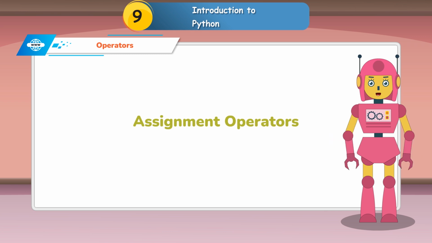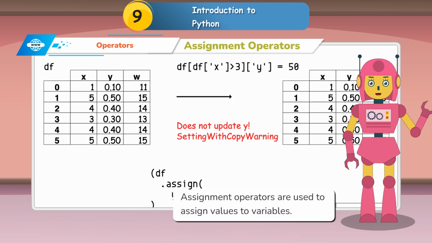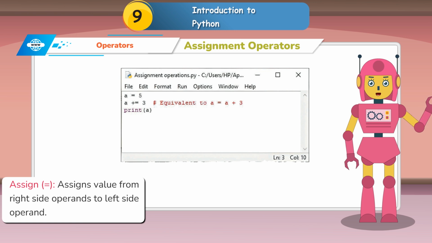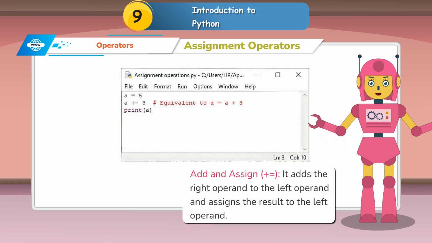Assignment operators. Assignment operators are used to assign values to variables. Assign, equals sign, assigns the value from the right side operand to the left side operand. Add and assign, plus equals, adds the right operand to the left operand and assigns the result to the left operand.